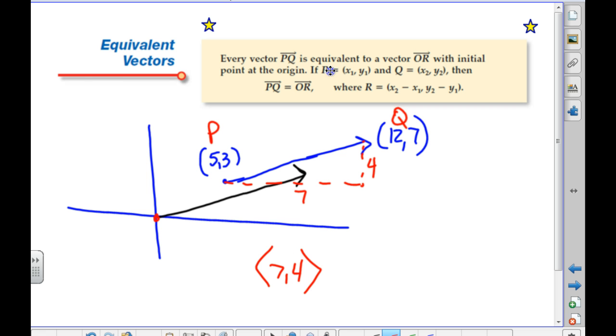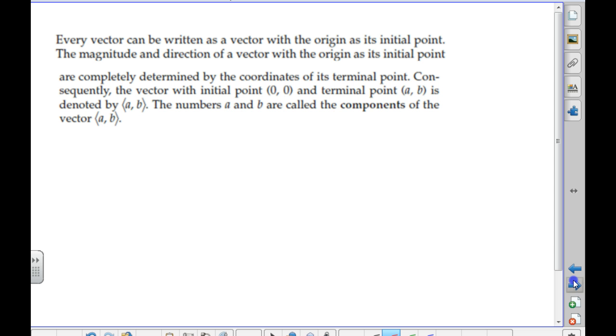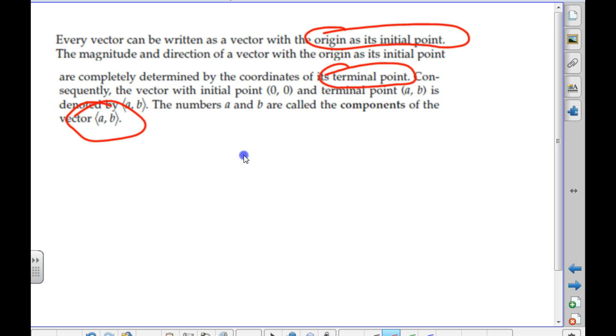But we're going to do a lot of what's called component forms, and component forms mean we're going to slide it to the origin. Every vector can be written in a form of vector where the origin as its initial point, okay? The magnitude and direction with the origin as its initial point are completely determined by the coordinates of its terminal point. So we're going to take and write that in these funny parentheses, and it's going to be called the components.